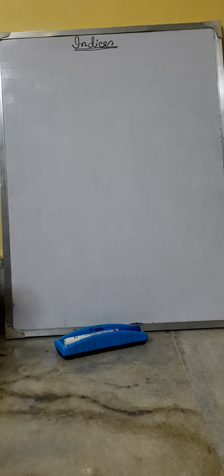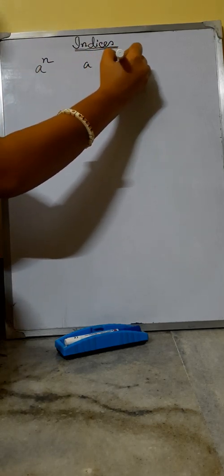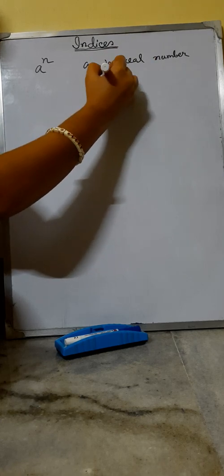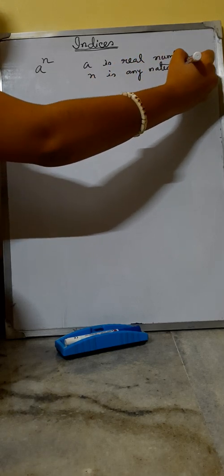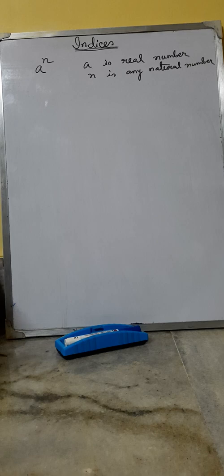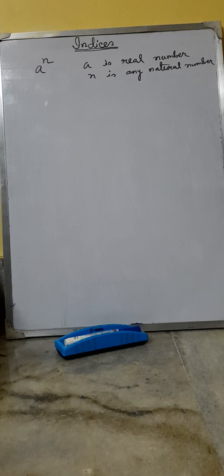If a is any real number and n is any natural number, a to the power n is pronounced as a to the power n, or exponent n, or index, and this is known as exponential form.